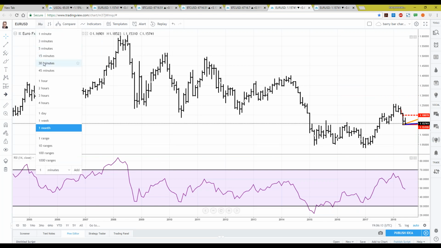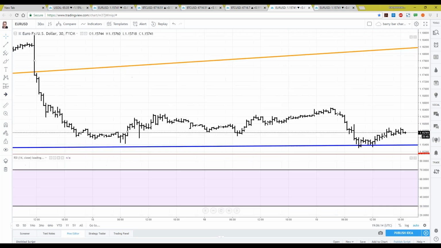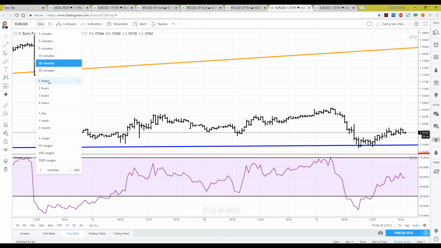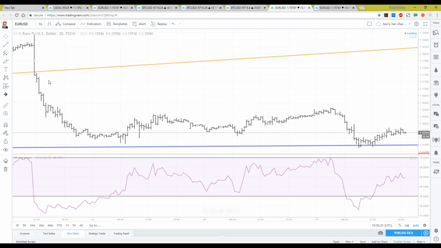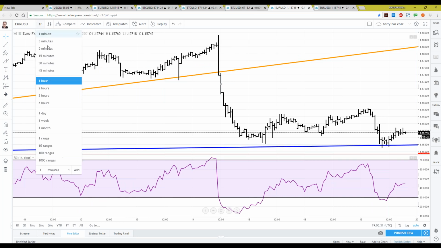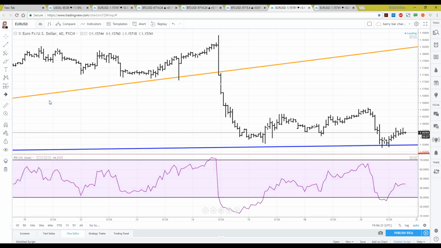But if we bring it back to a 30-minute chart, we see something very different. So we would want to use 30-minute time frames to possibly get our entry and exit points, where we'd want to use a 1-hour time frame to get a better view to see whether we're in a retracement or an actual trend, and a farther period out to actually identify that trend.